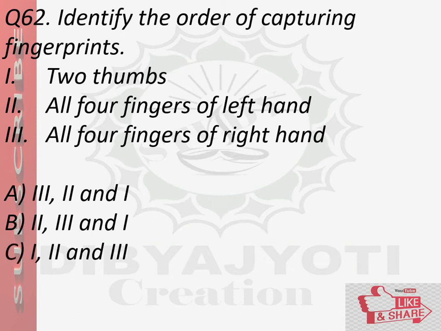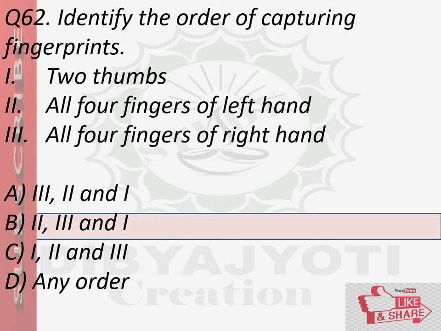And answer is 2, 3 and 1. First, all forefingers of left hand, all forefingers of right hand, then after that two thumbs. This is the perfect order for capturing the fingerprints.